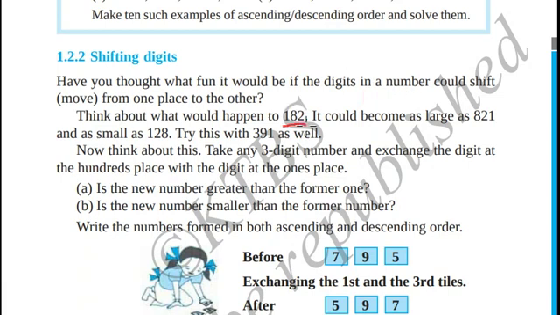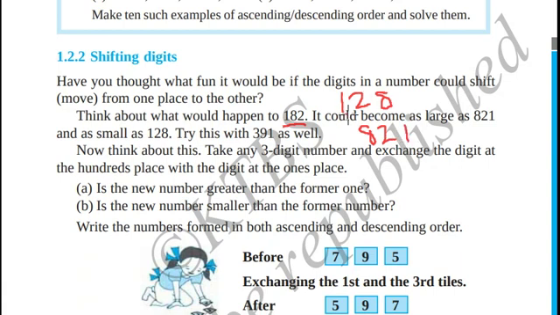We can write the smallest number as well as the largest number. So the smallest number of these 3 digits is 128, and the largest number that we can make is 821.